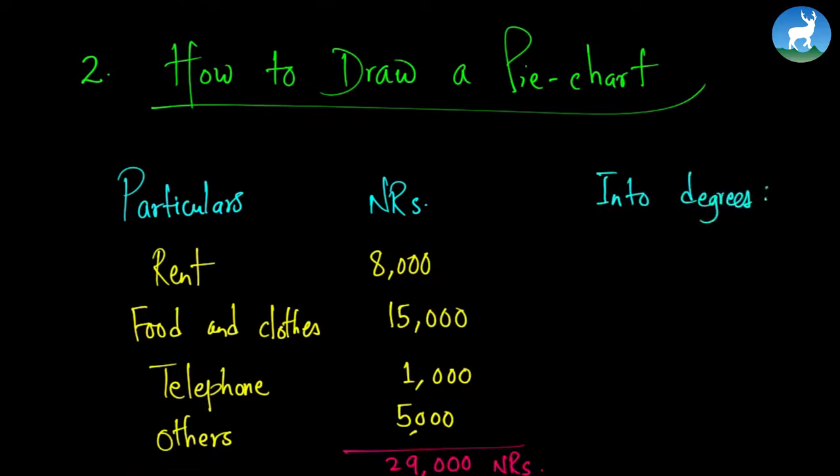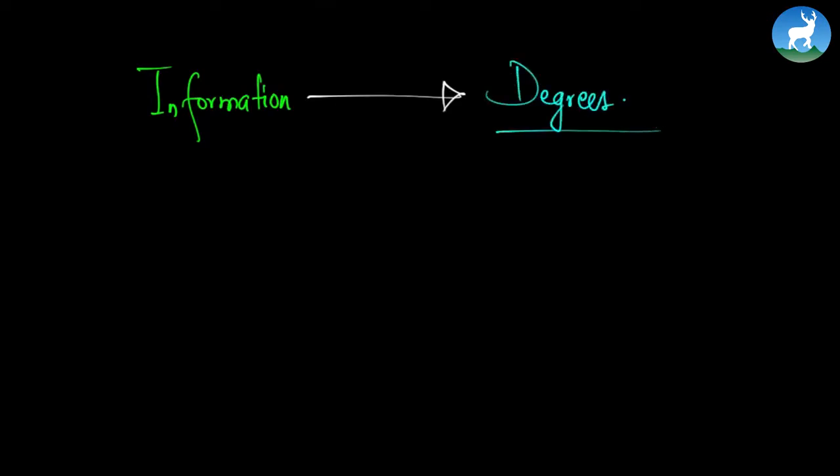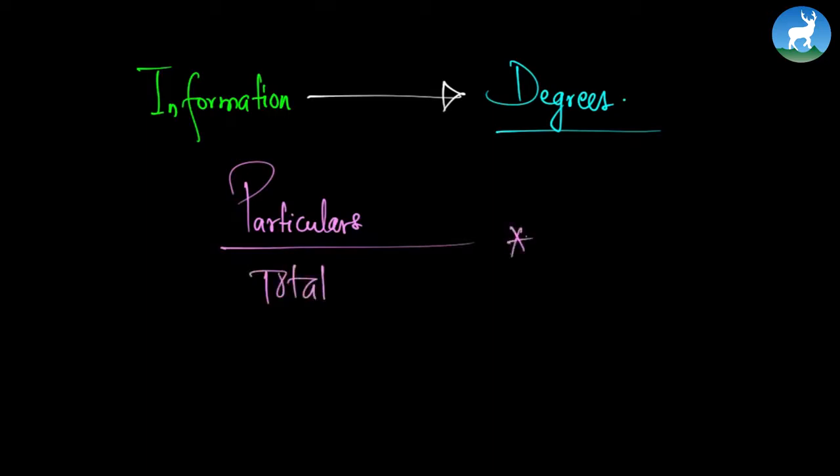And there's an easy way to do that. To convert information into degrees, what should we do? We should use this basic step, that is particulars divided by total into 360 degrees.